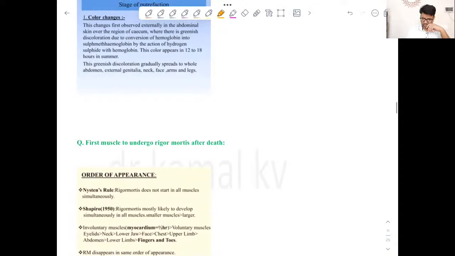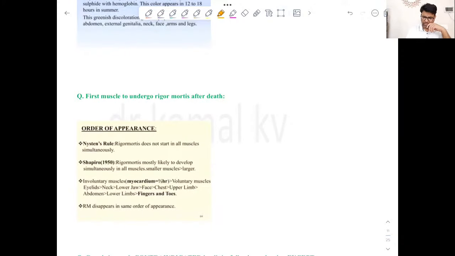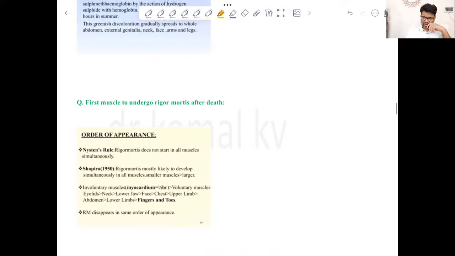Now, the next question is about rigor mortis also. In rigor mortis, sometimes we have a question about what muscles are affected first.